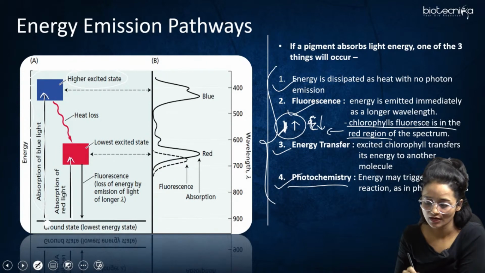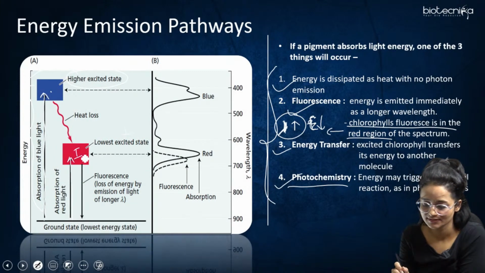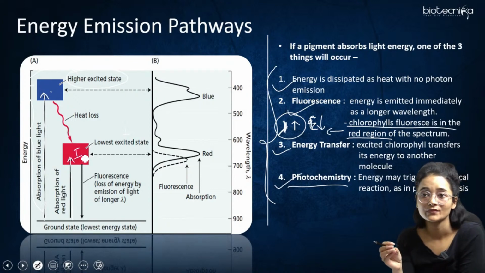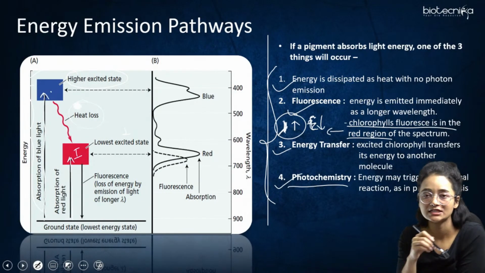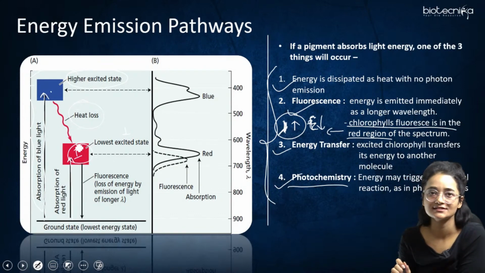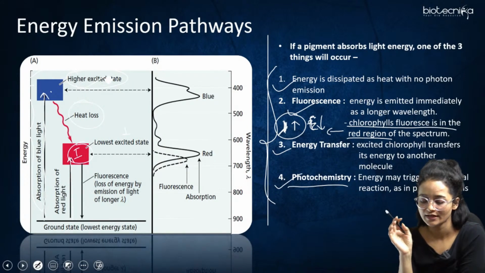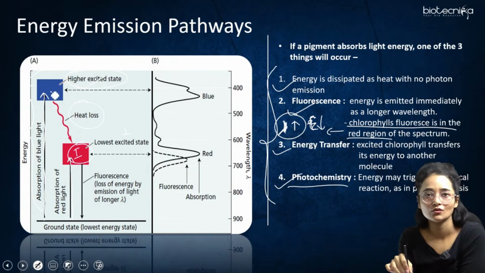So after reaching from the ground state to the higher excited state, they come back to the lower excited state. This is the first lowest excited state. From the higher excited state, when the chlorophyll molecules emit energy, they emit it in the form of heat loss, and no photons are released. At the higher excited state, the chlorophyll molecules are in very unstable conditions, so they need to come back to the lower excited state.